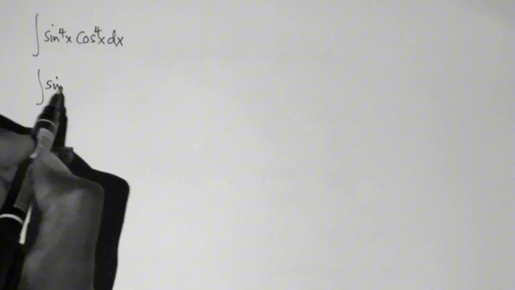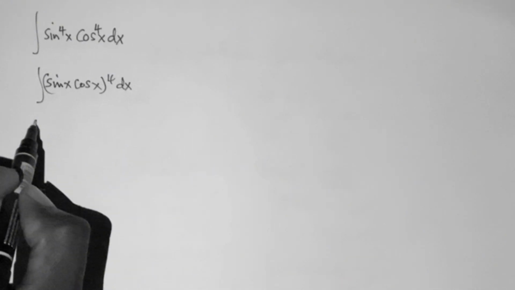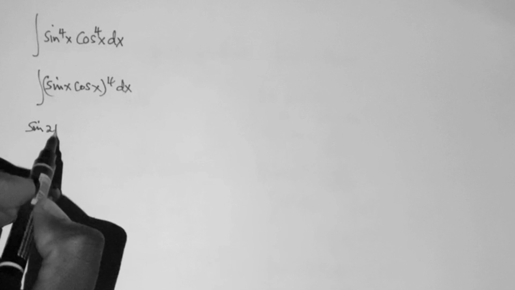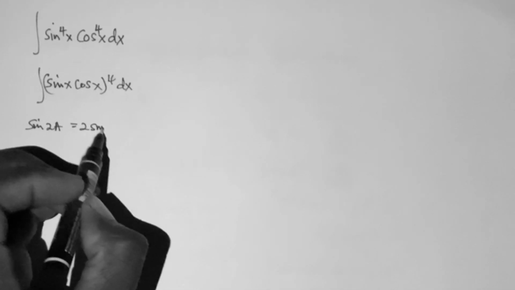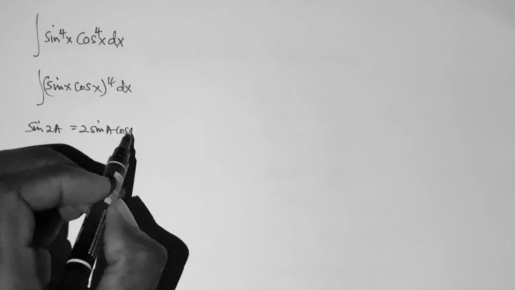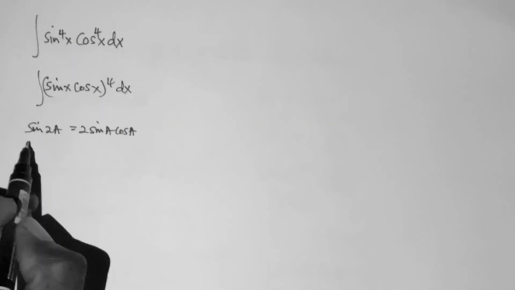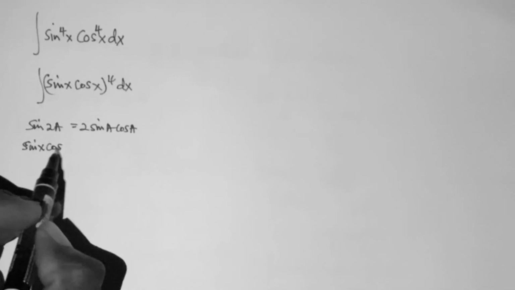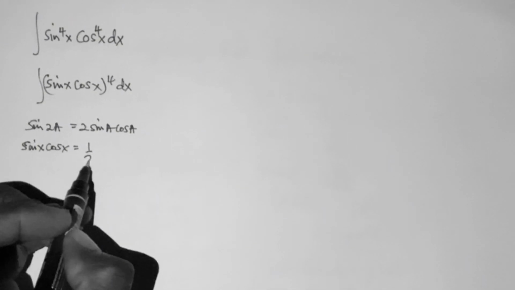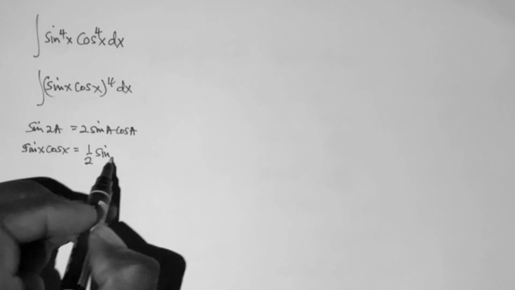So we can rewrite this integral as the integral of sine x, then cos x, all exponent 4 dx. But we know that sine 2a is equal to 2 sine a cos a. And therefore, sine x cos x is equal to half of sine 2x.